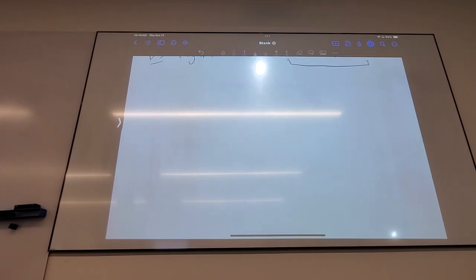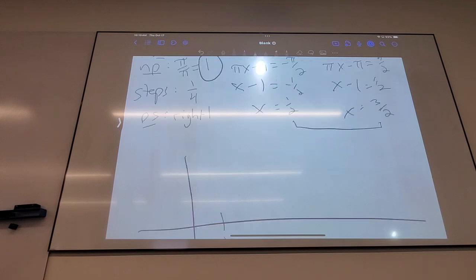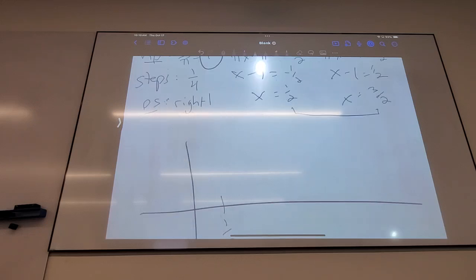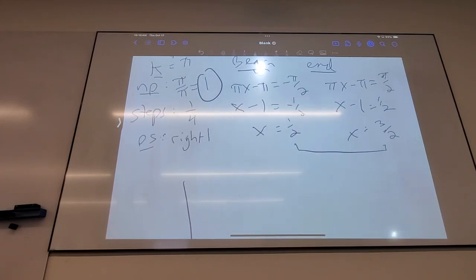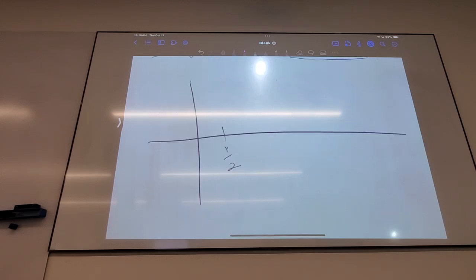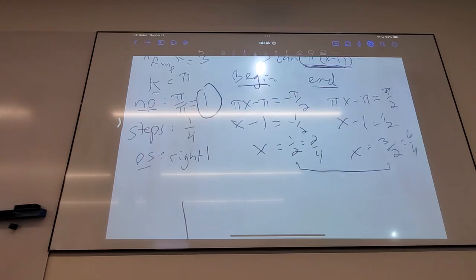Okay. So I'm going to start at 1/2 and go to 3/2, yes? And my step size, what's my step size? Yeah, 1/4. So what I'm going to do then is make this 2/4, and make this 6/4. That goes better with my step size, because now I step by 1/4.